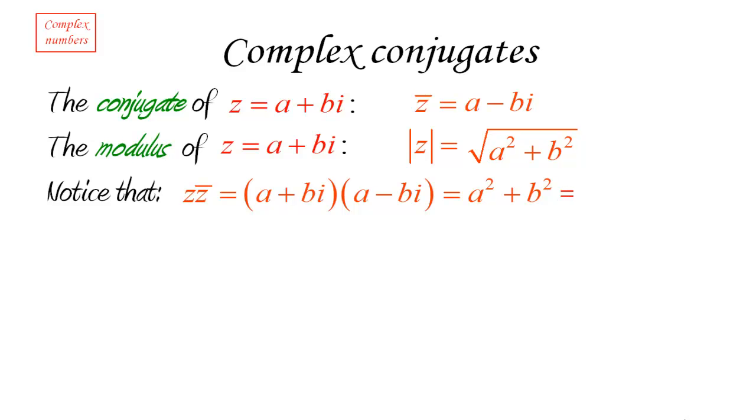So what that means is that the modulus of a complex number is going to be given by the square root of the product of the number with its conjugate. Okay? Now you may wonder if multiplication by the conjugate is actually an inner product, right? Because it satisfies at least some of the properties of a regular inner product.